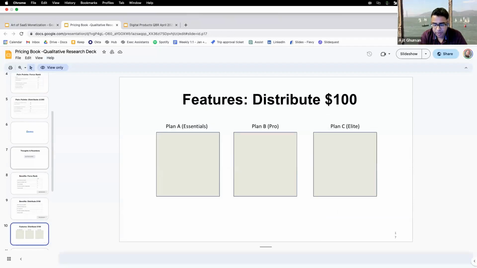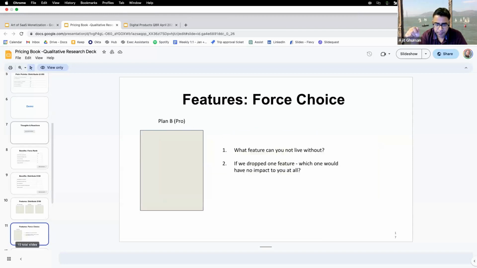So I'm showing them different plans and saying, you have $100 to spend on the one that you really like. So if I am showing them this good, better, best, this is just one way to force rank. You may have different features you want them to force rank or distribute $100. So it's a way for you to assess where they're getting more value from by doing forced choice, forced option sort of responses. Keep going.